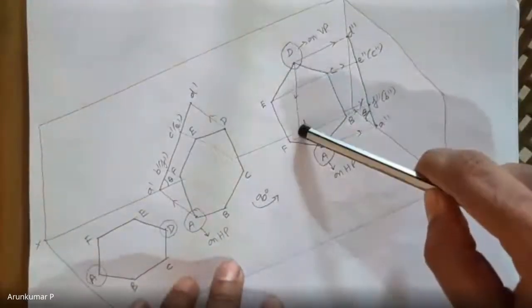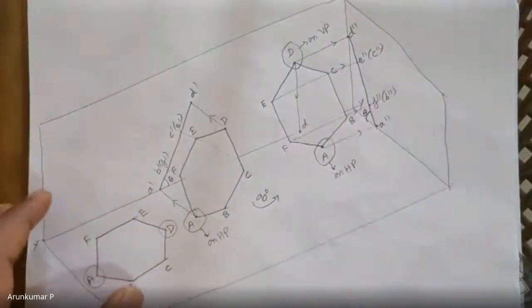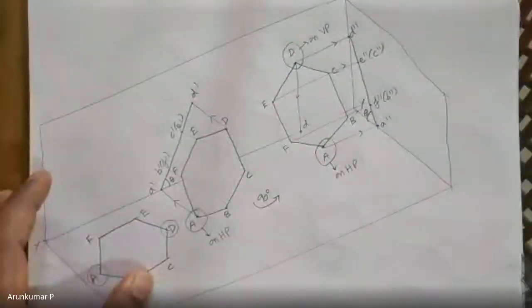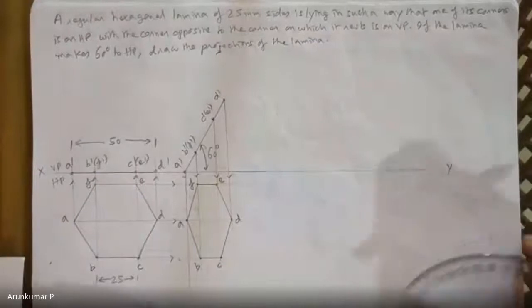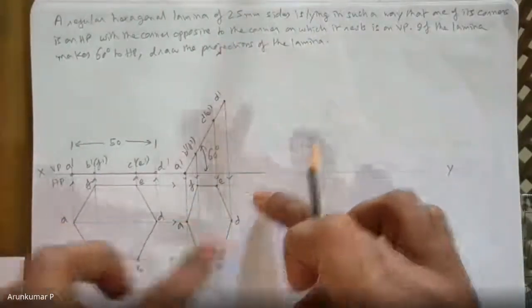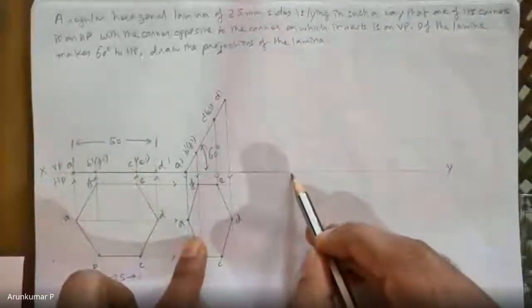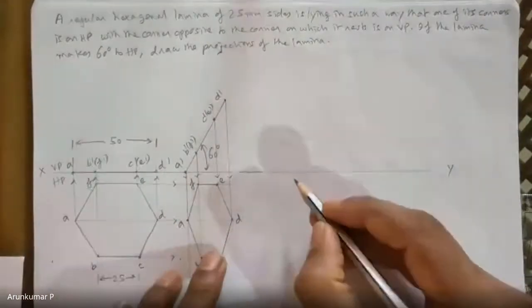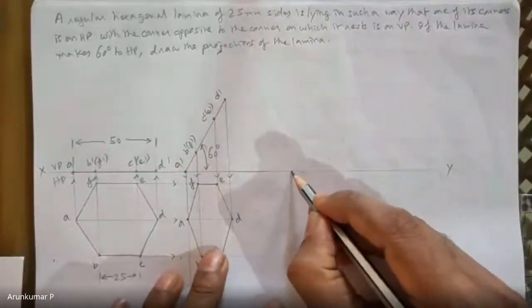So D, its top view will be on XY line. So that is our starting point. We have to reposition this and rotate it by 90 degrees such a way that D is on XY line and A will be directly below it.